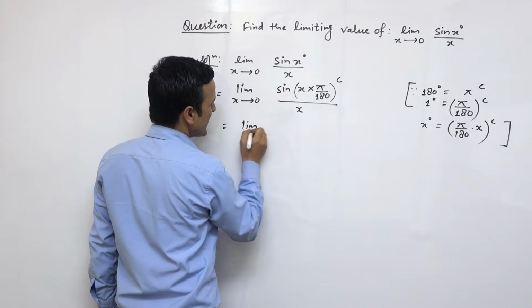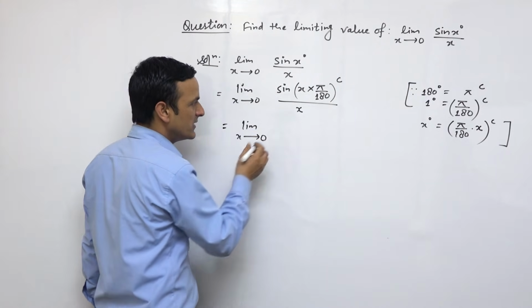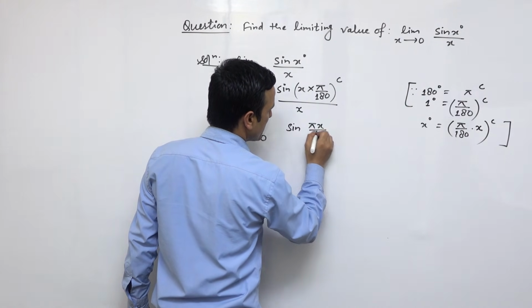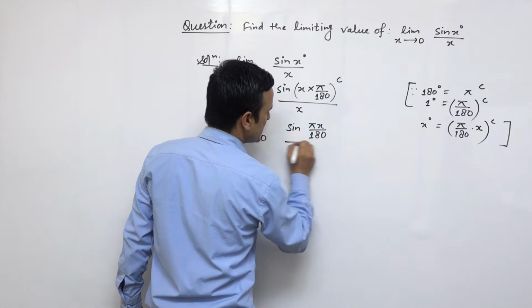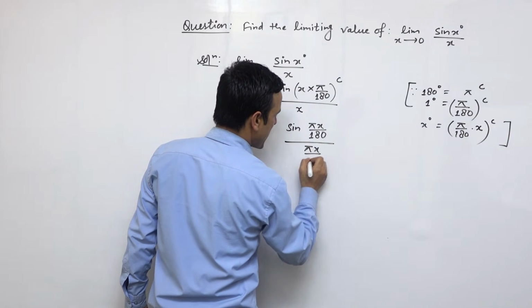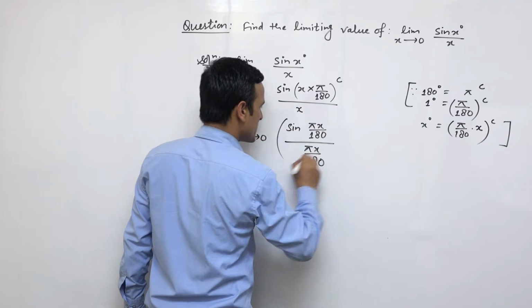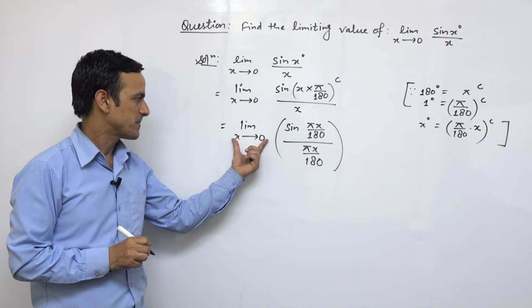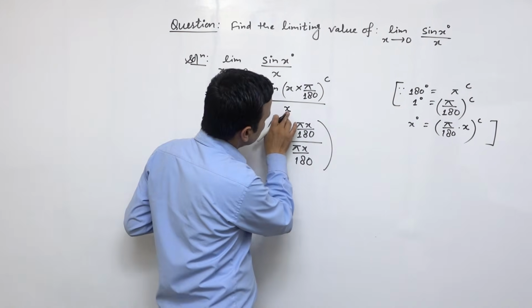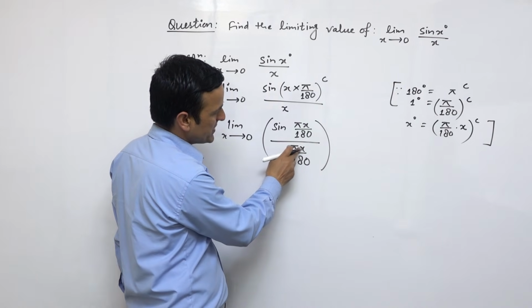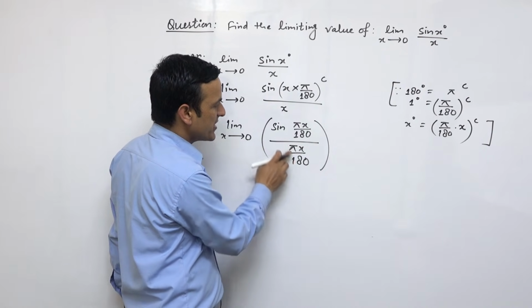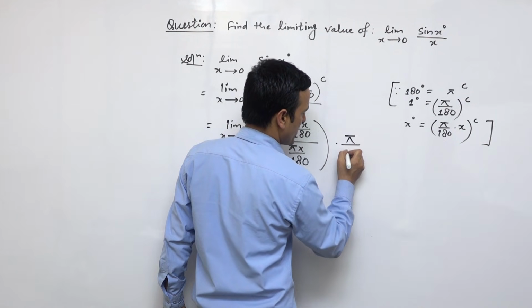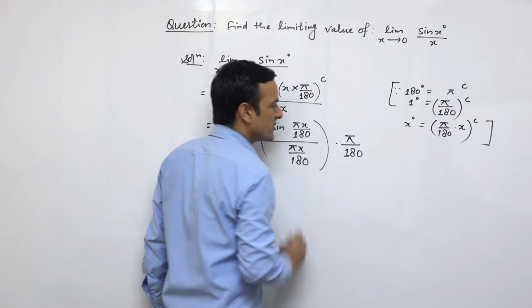So now we can arrange this term like this: sin of pi x upon 180 divided by pi x by 180. So this term will be 1 when we take the limit. Here x is the same, x is also present here. So pi upon 180 is extra, so we should multiply by pi upon 180.